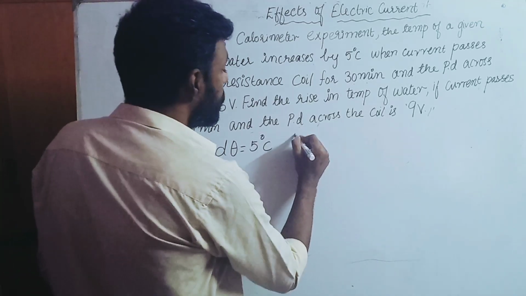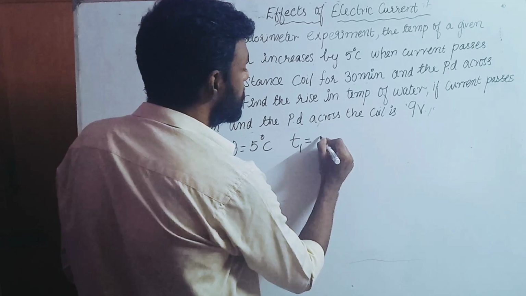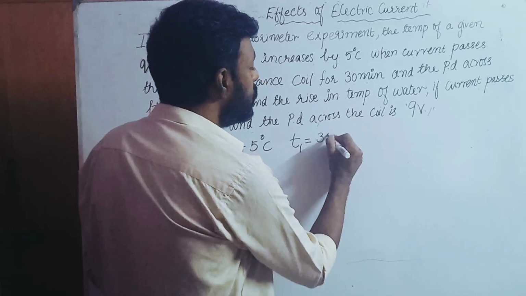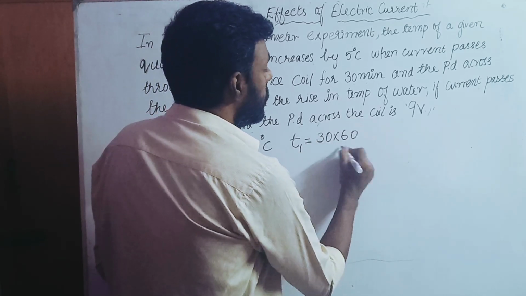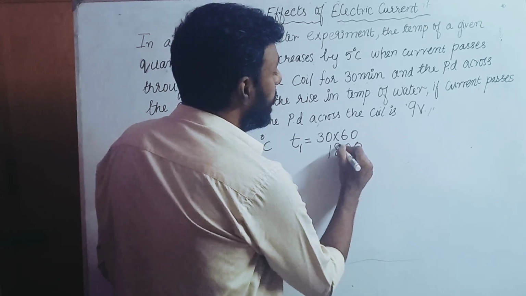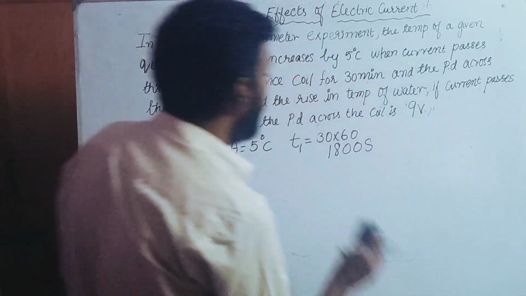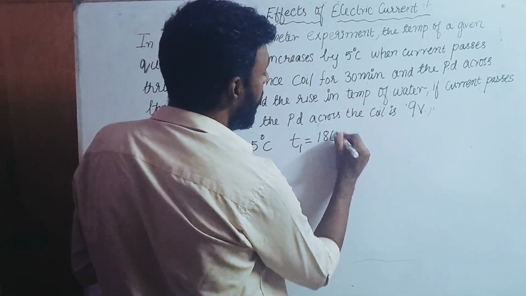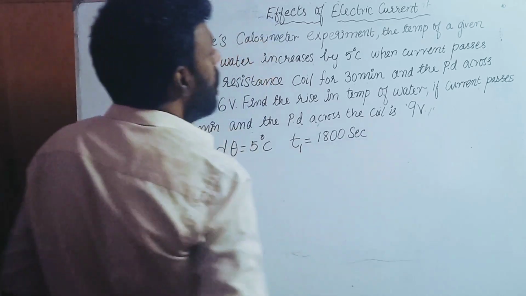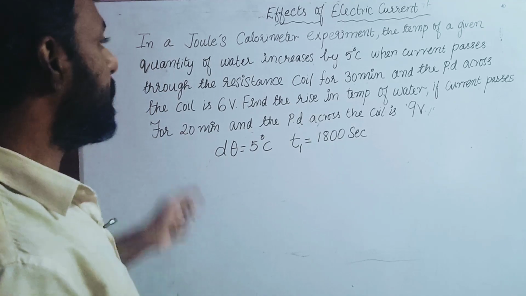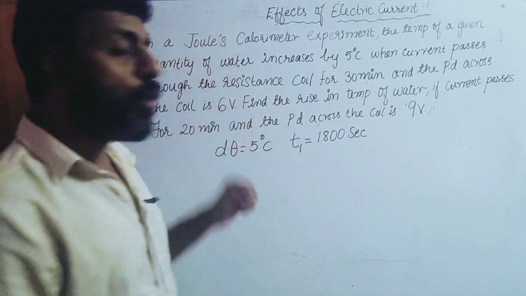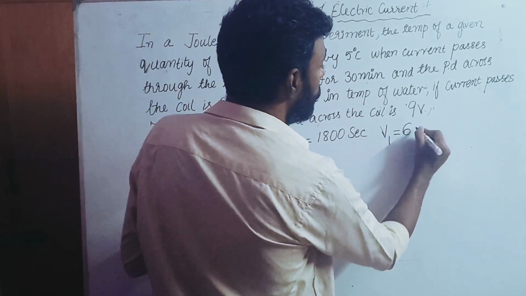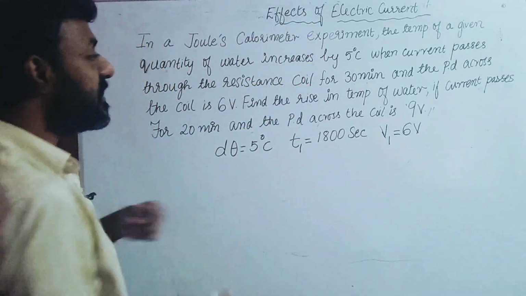So time interval t1 is equal to 30 minutes. 30 minutes converted into seconds is 30 into 60, which is 1800 seconds. That is time interval t1. And the potential difference developed across the coil is 6 volts, which is V1. V1 equal to 6 volts. So this is the first set of values.